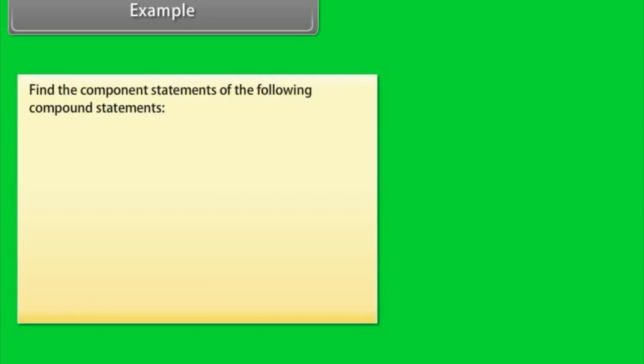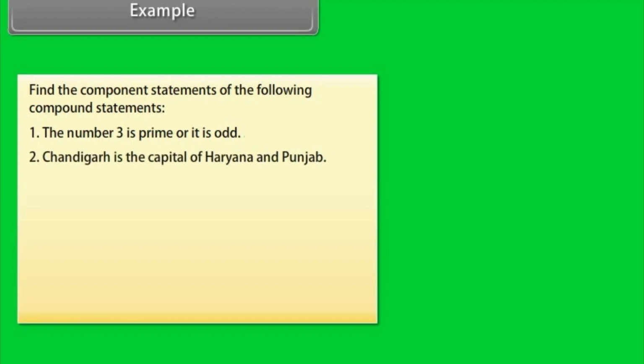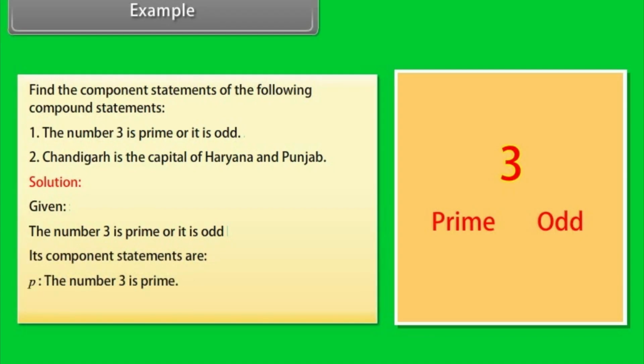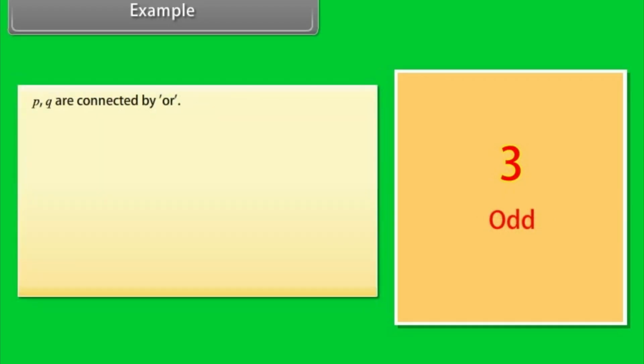Example: find the component statements of the following compound statements. The number 3 is prime or it is odd. Chandigarh is the capital of Haryana and Punjab. Solution: given the number 3 is prime or it is odd, its component statements are: p is a statement that the number 3 is prime. q is a statement that number 3 is odd. p and q are connected by or.